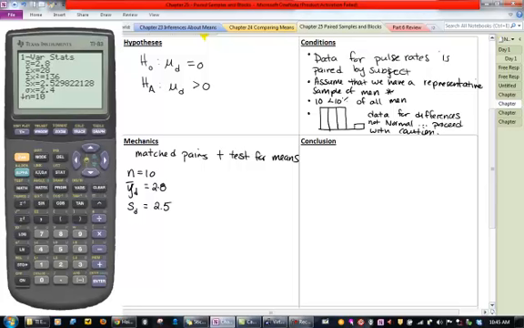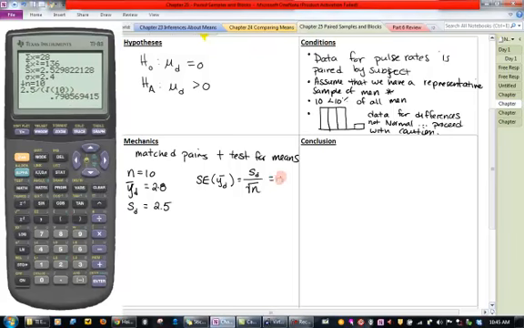So we're ready to continue by estimating our standard error for our differences. Okay, and we're going to do that, remember, by taking our s for our difference over the square root of n. And so that's going to be, in our calculator, 2.5 divided by the square root of 10.